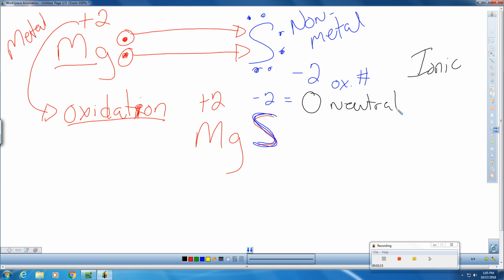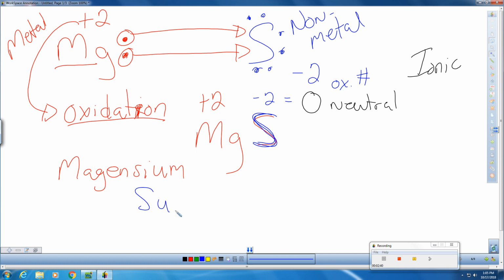With that being said, being the balanced ionic compound, now we have to name it. When we name compounds, the positive element, which is always the metal, is going to come first. So that is going to be magnesium. The negative oxidation charge, or the non-metal, is always going to come second.